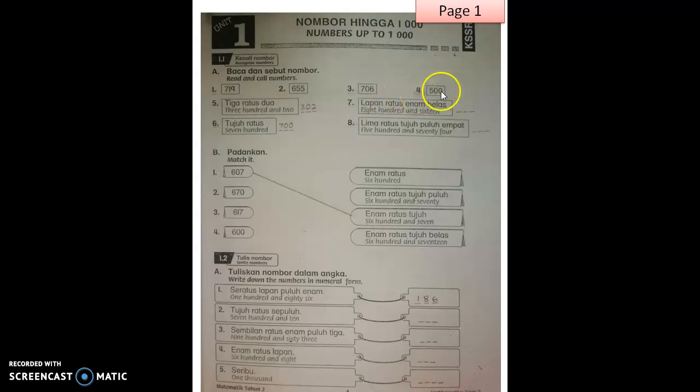Number 4, 500. Number 5, 302. Number 7, 816. Number 6, 700. Number 8, 574.